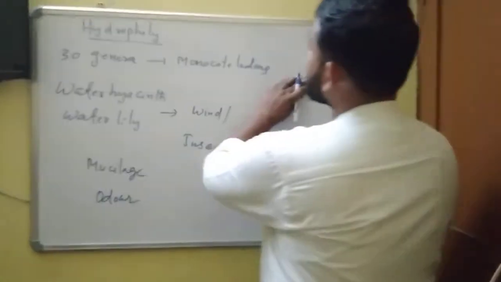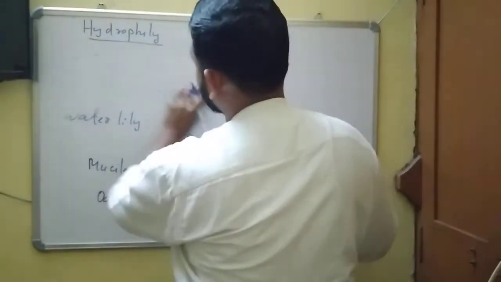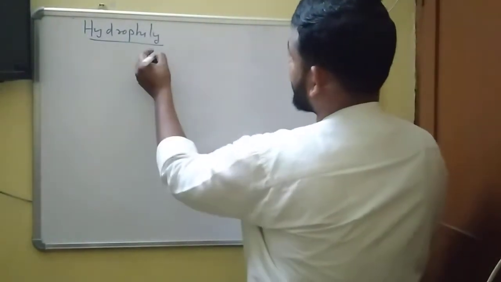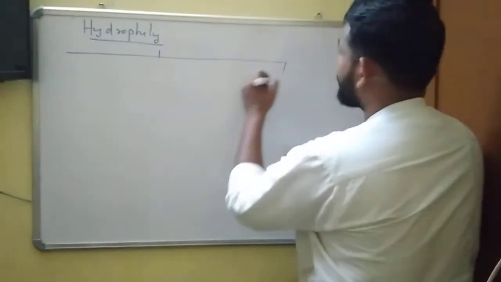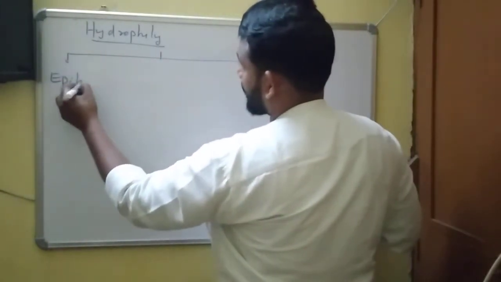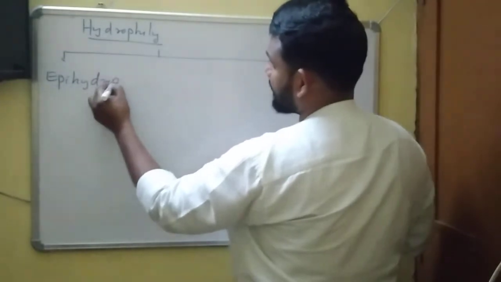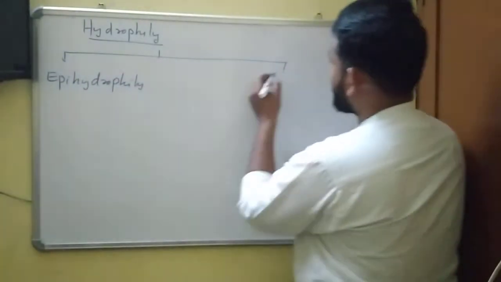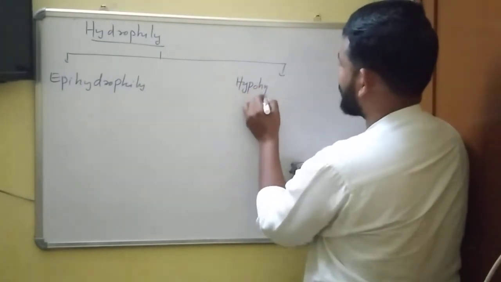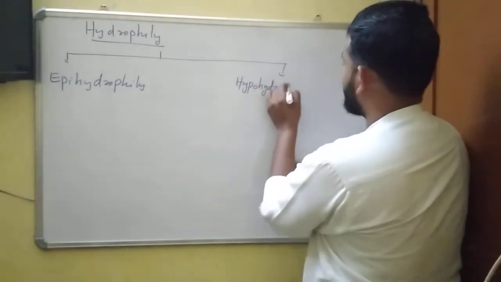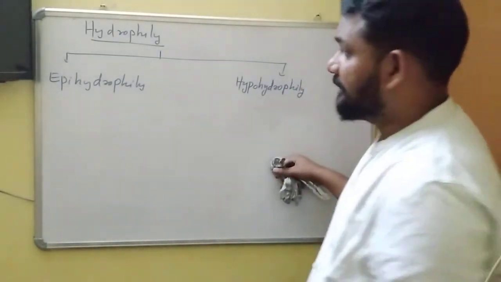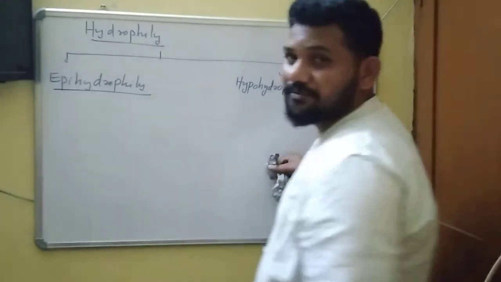And hydrophily is again of two types. Depending on movement of pollen grain through water, hydrophily is of two types. Epihydrophily and hypohydrophily. First one is epihydrophily.